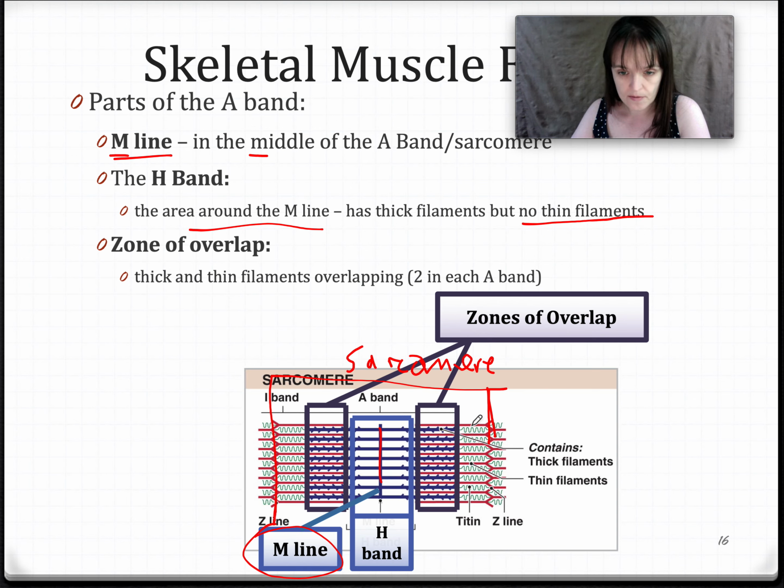So here, the thin filaments are red in our books, and the thick filaments are blue. So here in the H band, you have blue thick filaments, but no red thin filaments. And then the zones of overlap are the zones where the thick and thin filaments overlap.